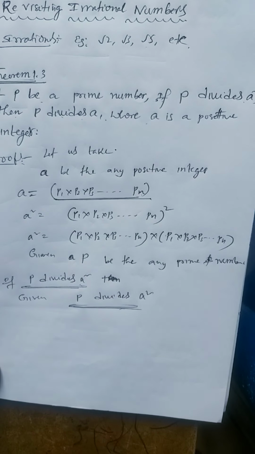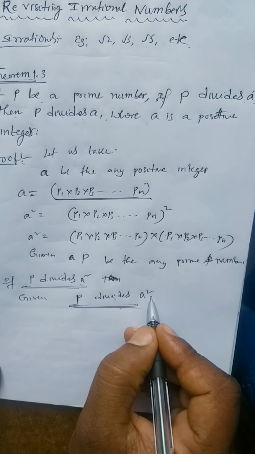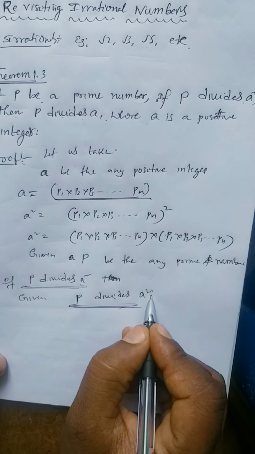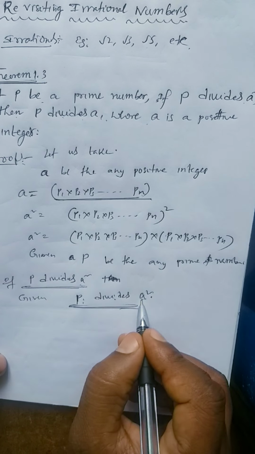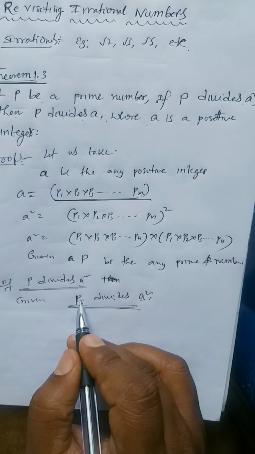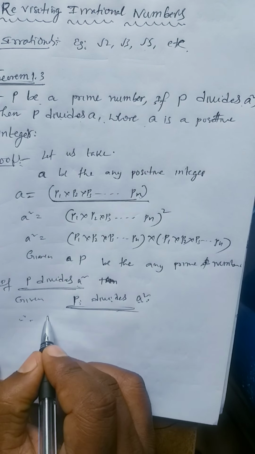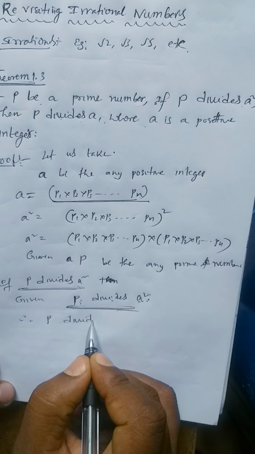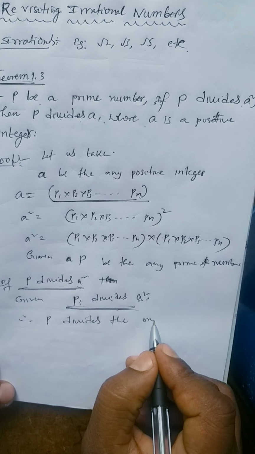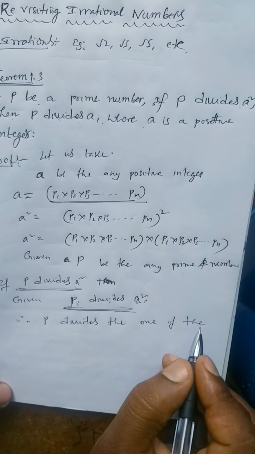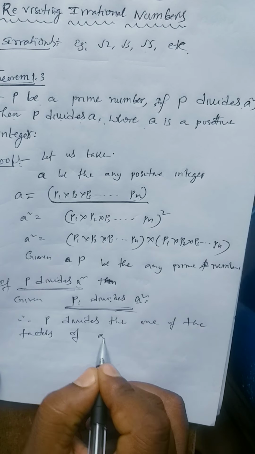So how to prove this? Already given, p divides a square. So p divides a square means p must divide one of the factors of a. Then only p can divide a. Therefore, p divides one of the factors of a.